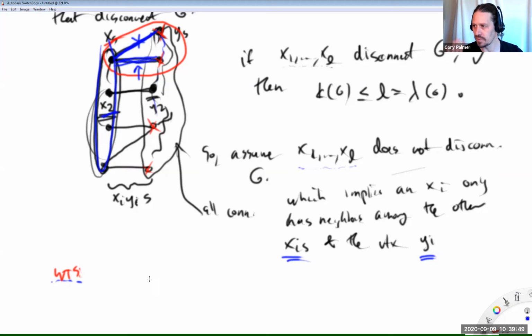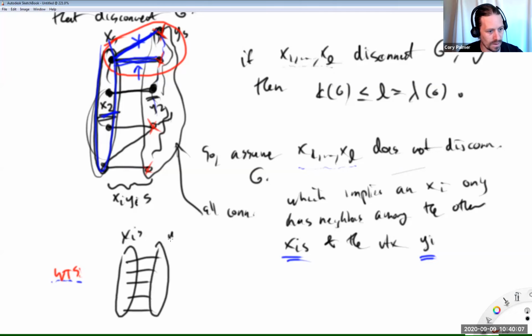Okay, so first let's look at the idealized situation. The ideal situation would be that we have these edges and they're all distinct from each other like this. They're just disjoint edges. They don't share any end vertices. Here's the xi's, and the other side has the yi's. And I know that removing the xi's doesn't disconnect my graph, right?